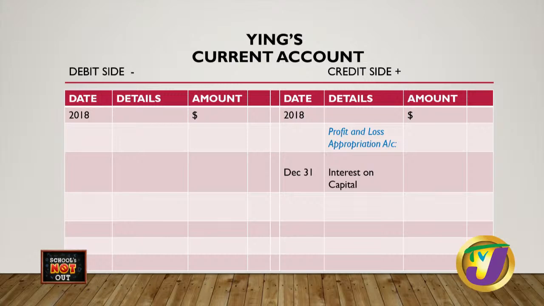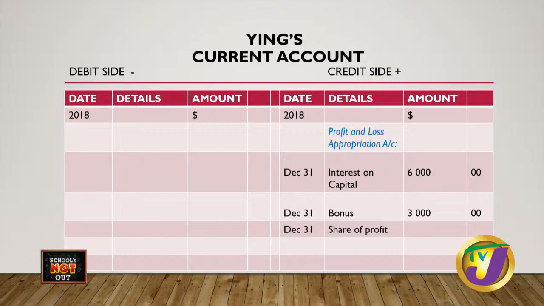All right, so what is on the debit falls on the credit. Now, Ying has an interest on capital amount of $6,000. The next item is bonus. Bonus is also on the debit side of the appropriation account, so it's going to fall on the credit side of the current account. An amount of $3,000.